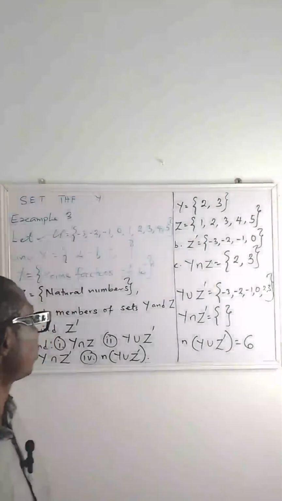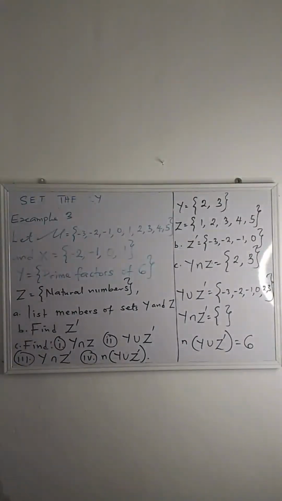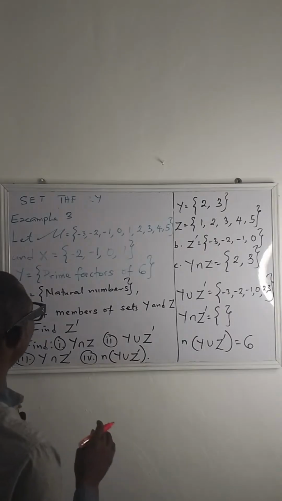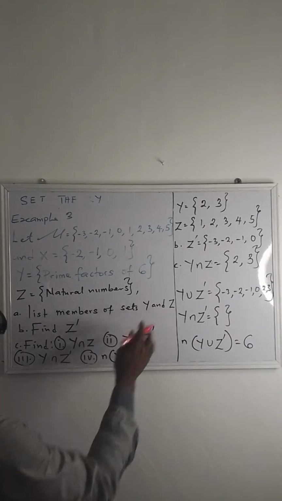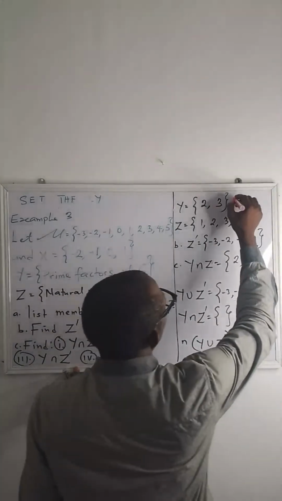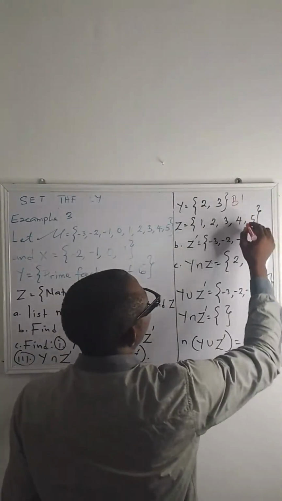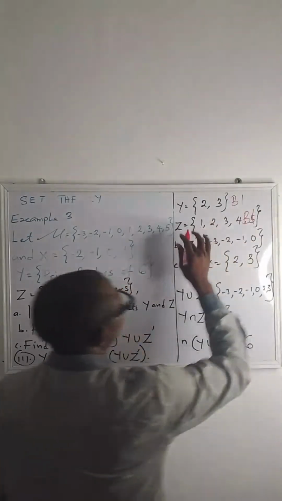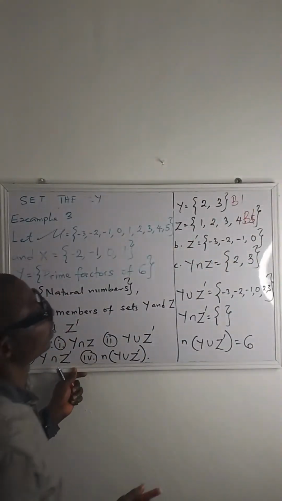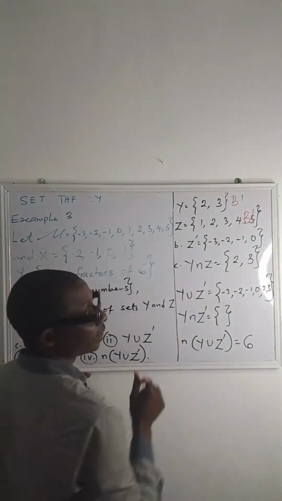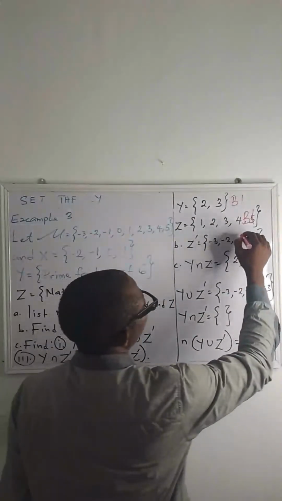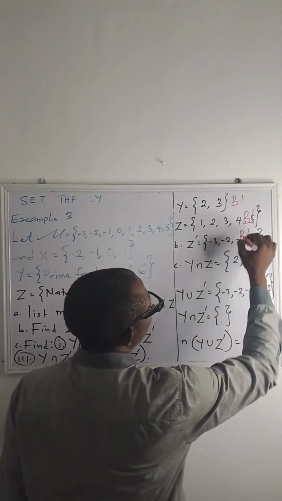Now I think that is the end of the question. So how do we award marks to this question? You have to list members of Y and Z. For listing correctly, we have B1 for Y, B1 for Z. For finding the complement of Z, we have B1.